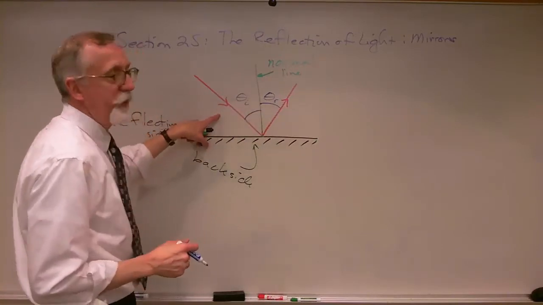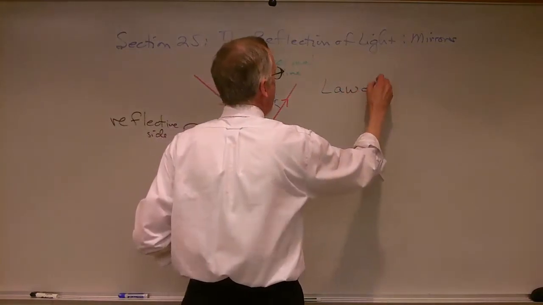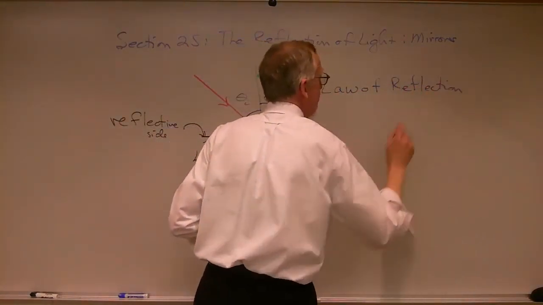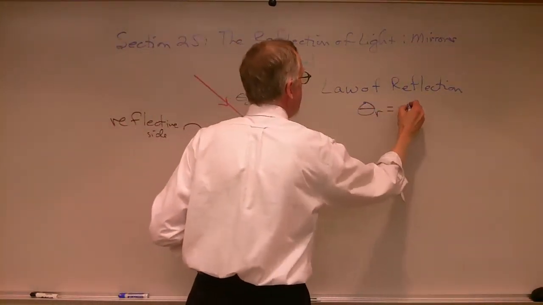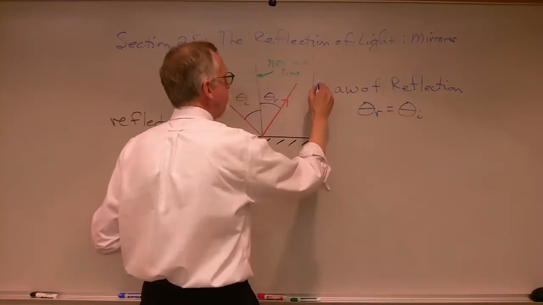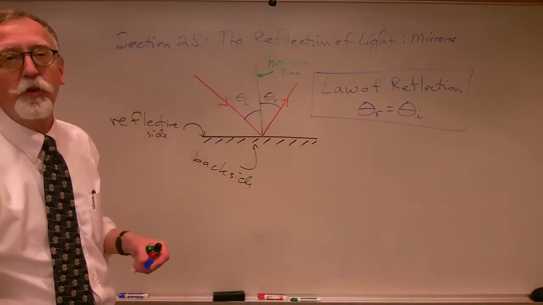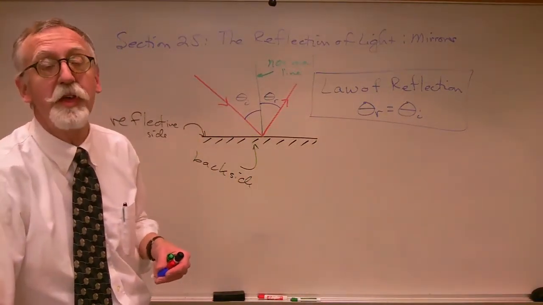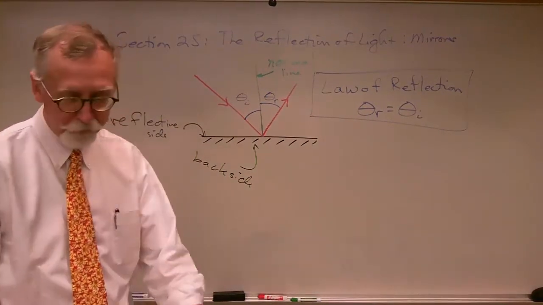The ray reflects according to what we call the law of reflection. And the law of reflection states that theta sub R is equal to theta sub I. The angle of the reflected ray is equal to the angle of the incident ray.